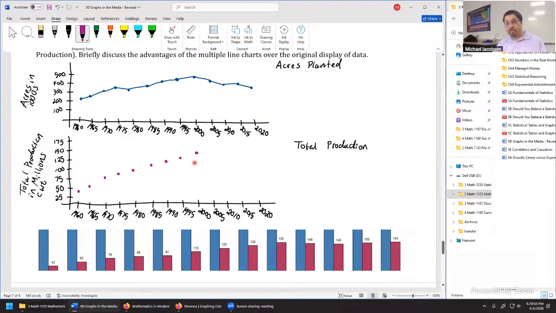Now it's kind of leveling off. So 2005, slightly lower. 2010, slightly lower again. Then 2015, back to a height of 150. And this was its peak in 2020, 154, so just slightly higher. So that's the story for total production.